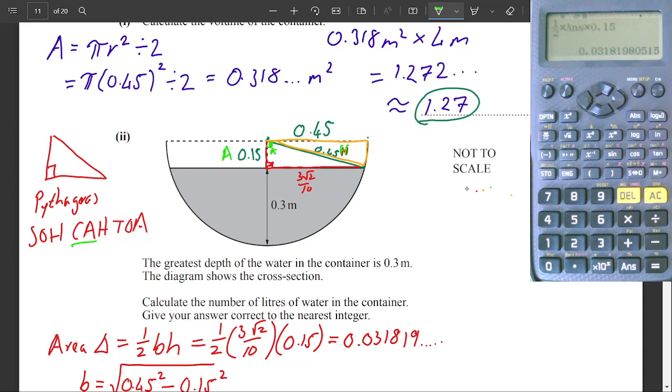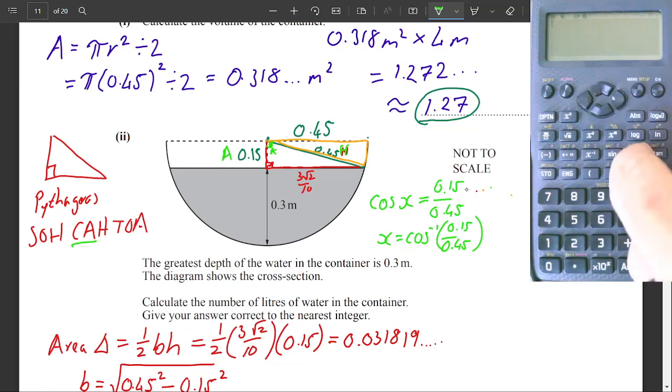So we're going to do cos of that angle, let's call it angle X, equals first the adjacent, 0.15 over 0.45. So that means X equals the inverse cos of 0.15 over 0.45. Put that into a calculator.